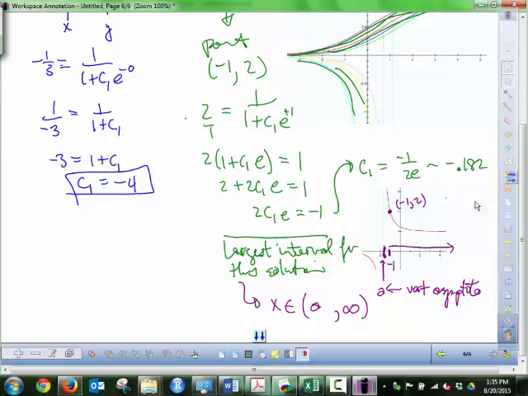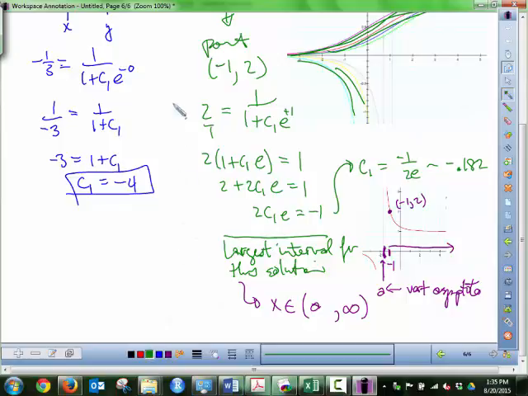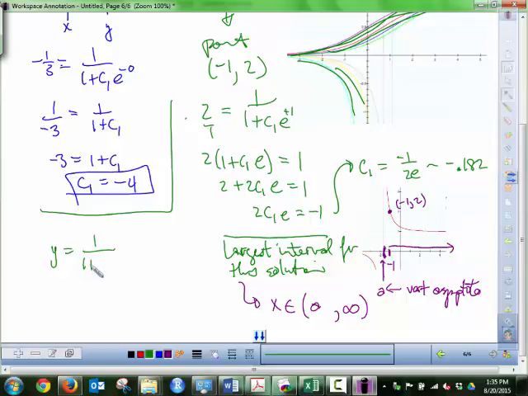Okay, so from that point, let's find it. So this is our y is equal to 1 over 1 plus, and then we found that to be negative 0.182 times e to the negative x.